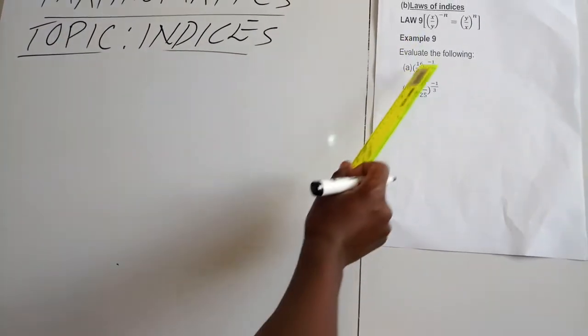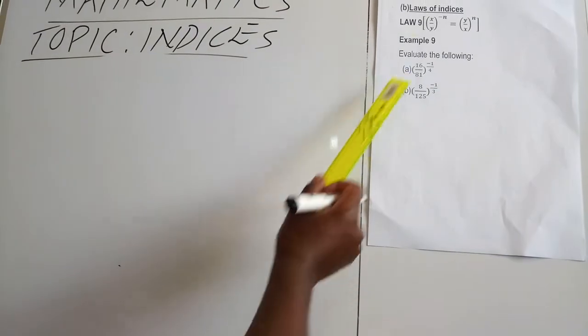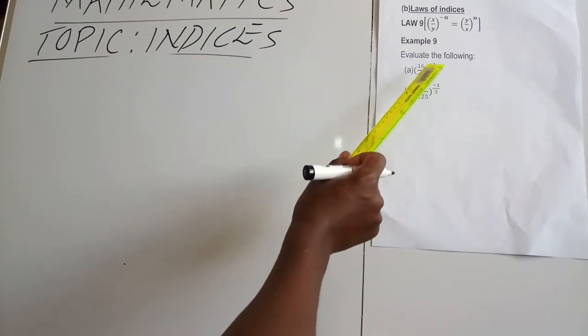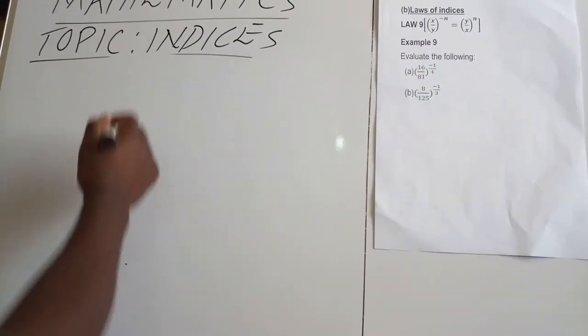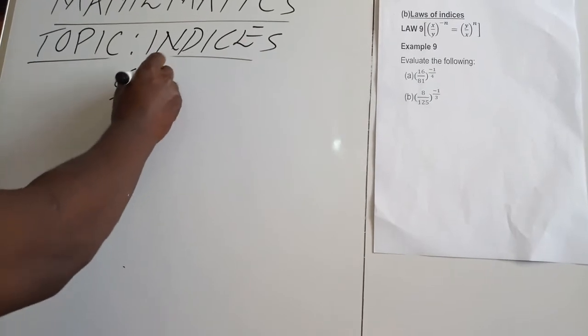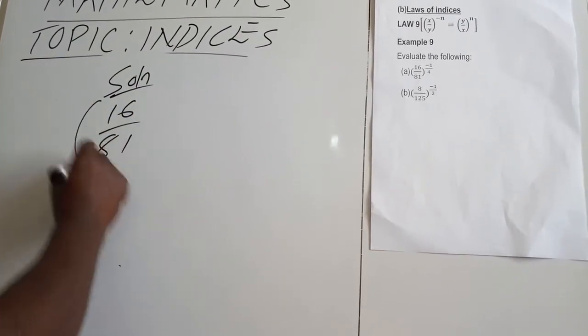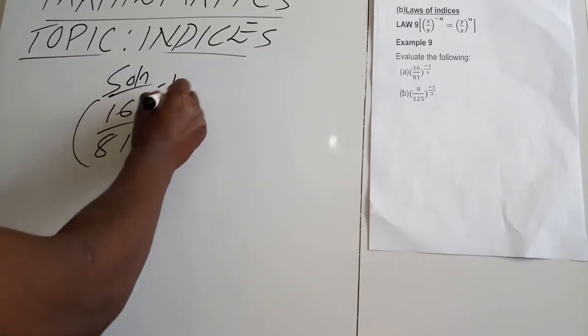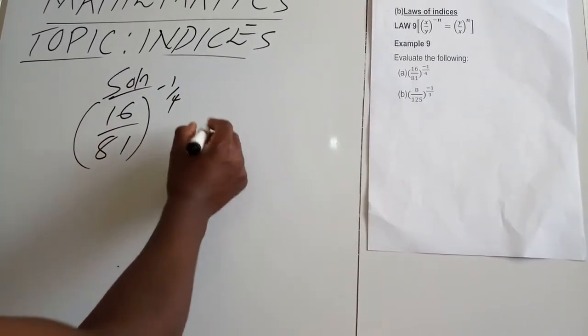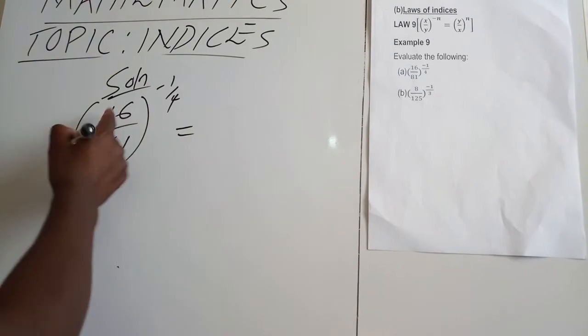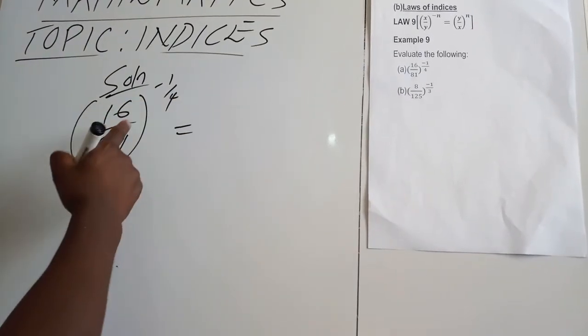Example 9, evaluate the following. Evaluate means we find the value. This one is 16 over 81 raised to power negative 1 over 4. Let me first of all apply the law.